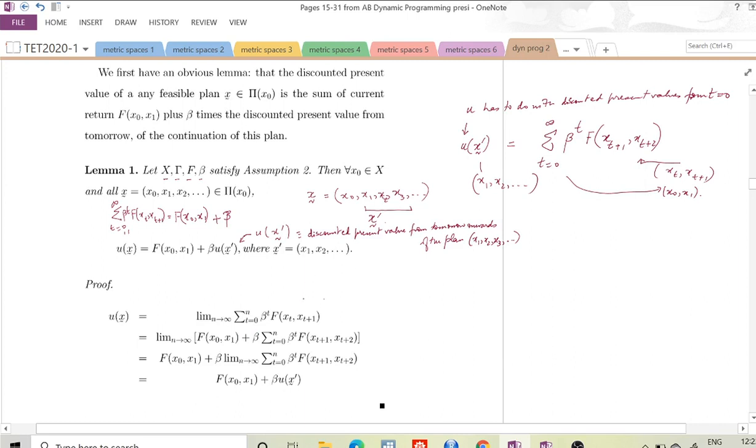Let me say that this is equal to the limit, n tending to infinity, of this nice and finite sum here. So what is that nice and finite sum? It's f of x naught comma x1 plus what? So then what do I have? So I have this.